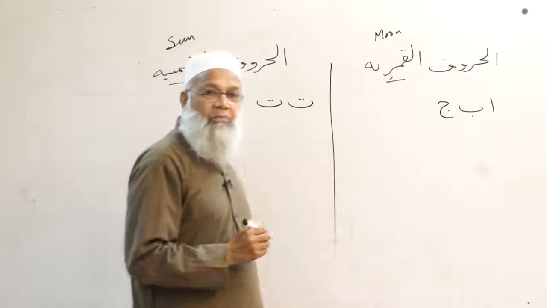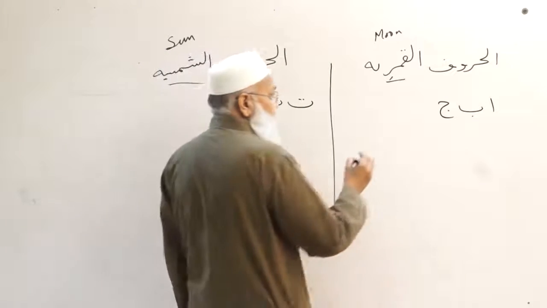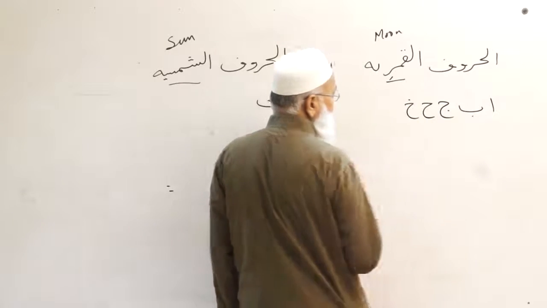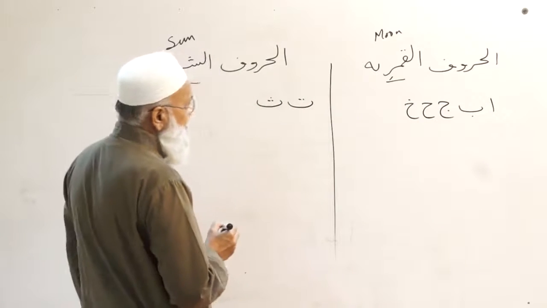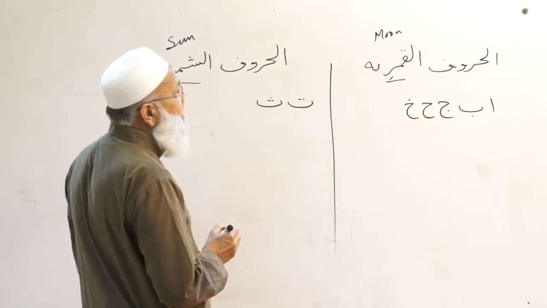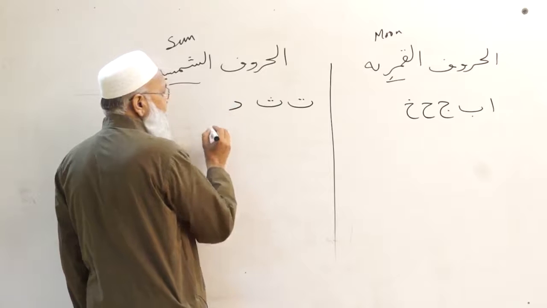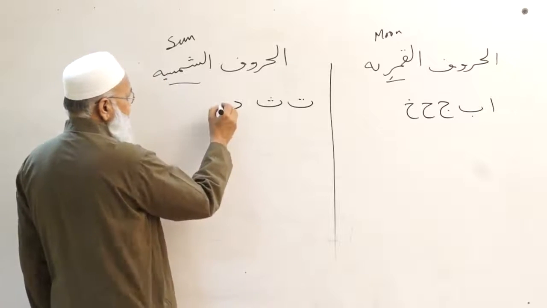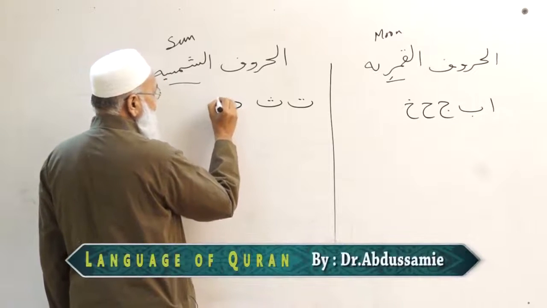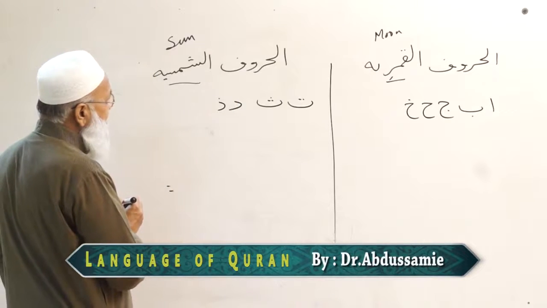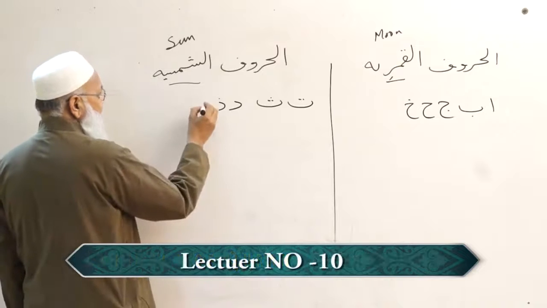Al-Jannatu, Al-Hayyu, Al-Khayru, Ad-Deenu, Dal will come here. Ad-Zikru, it's not Al-Zikru, but it will be Ad-Zikru. Ra will also fall here.